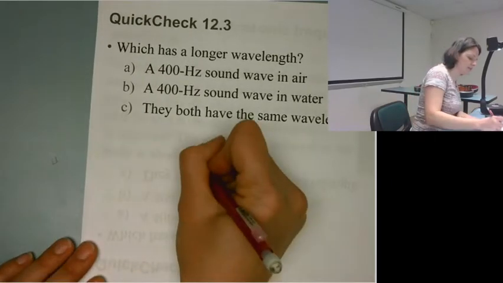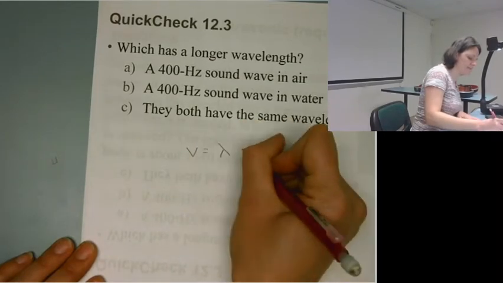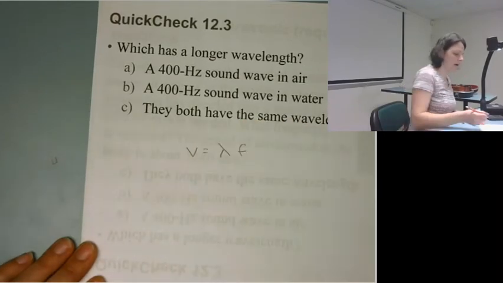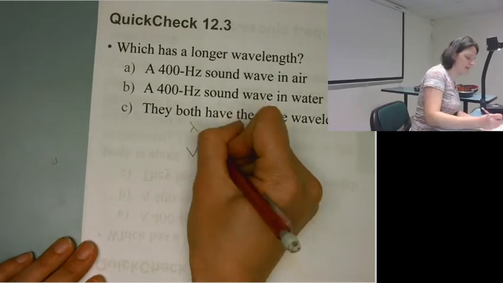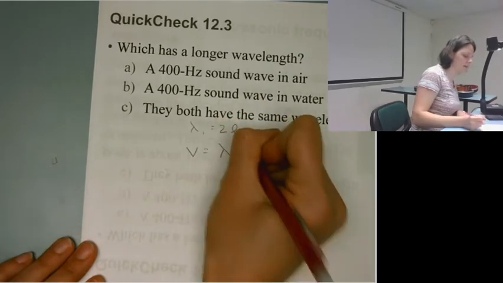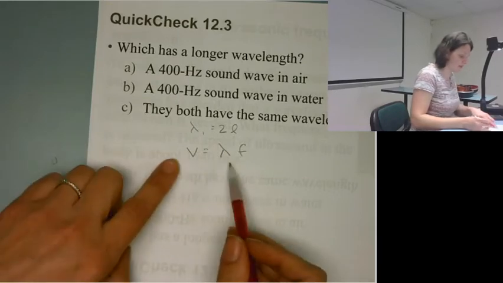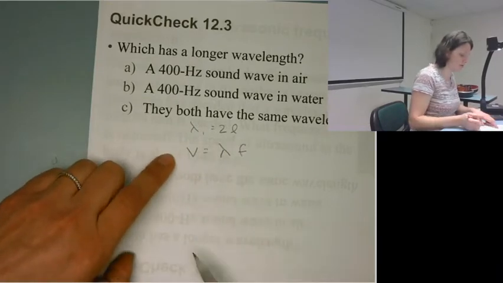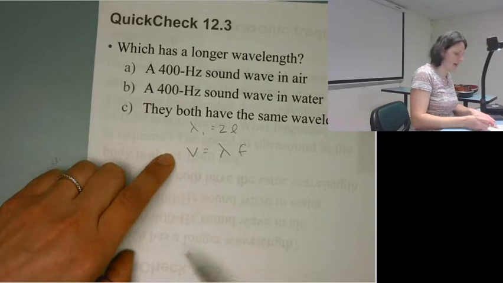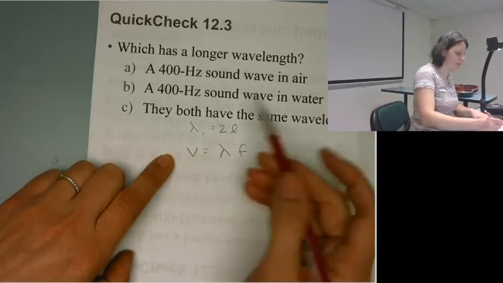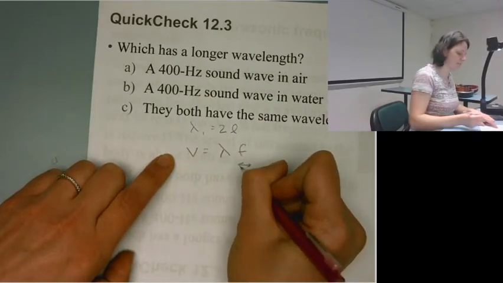So we'll use this same equation, which is v = λf, and we'll come back to say that λ₁ is 2L. Those are the two equations that might matter here. We have 400 hertz, so the frequency stays the same.